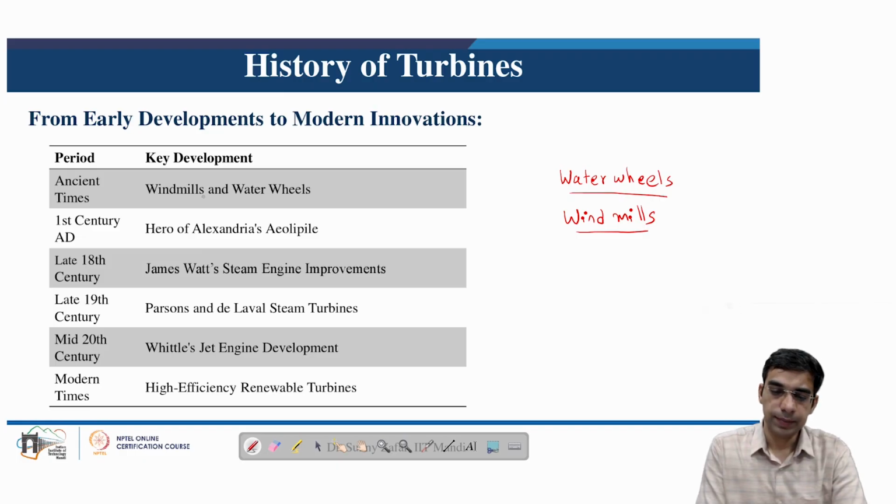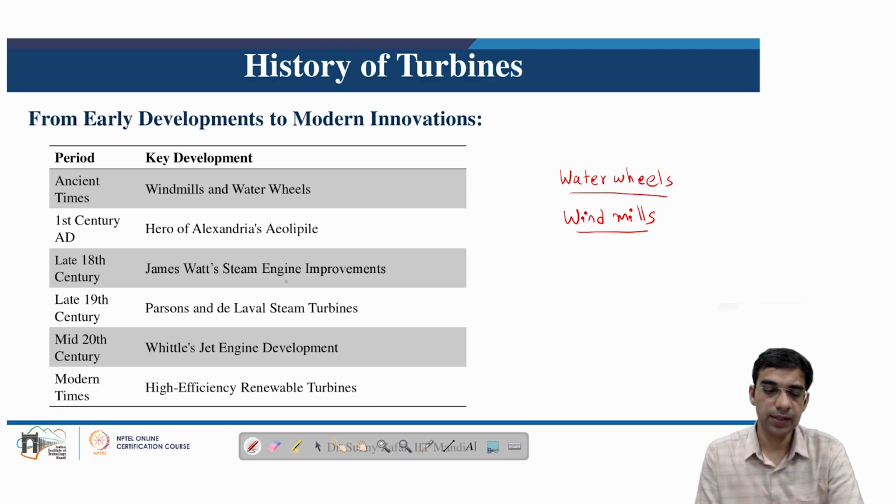All these developments took place in the ancient times, and then we had some developments in Alexandria's time, but significant developments in the history of turbines took place with the development of the steam engine by James Watt in the late 18th century. In the 19th century, Parsons and De Laval steam turbines were developed, and in the mid 20th century, the jet engine was developed. Modern turbines operate with high efficiency, and many of the turbines are also functioning on renewable sources like wind.